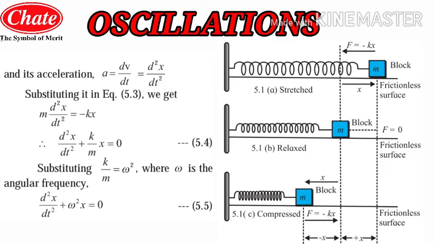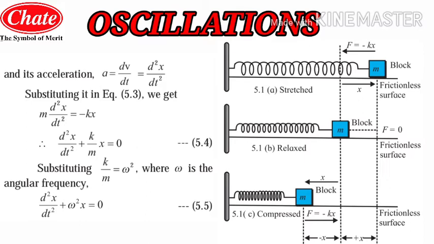We have just rearranged so that the minus k comes to the other side of the equal sign, becoming plus k by m into x equal to 0. Now the most important step is that we substitute the value of k by m as omega square, where omega is nothing but the angular frequency.